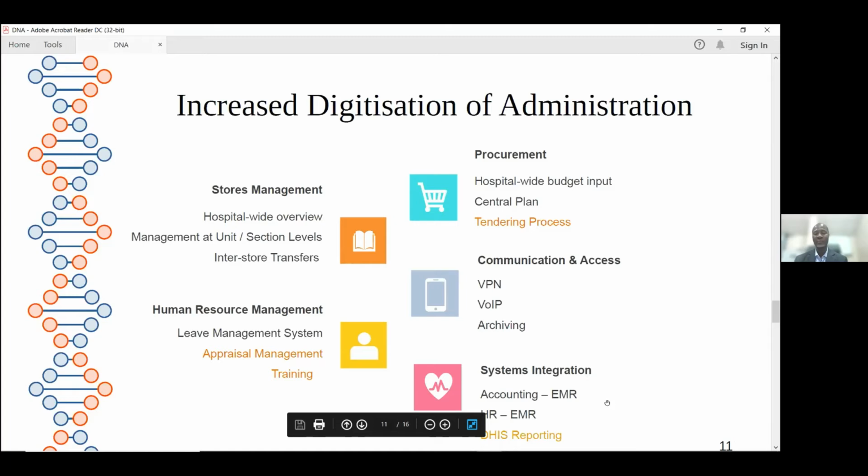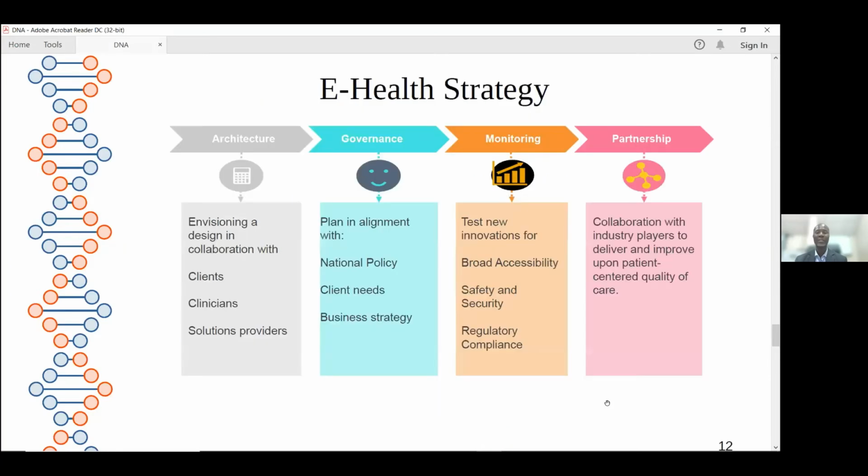And these are some of the plans that we have. We are working with the Ghana Health Service towards this end. And participating in these e-health conferences and programs helps us to better align our systems for future interoperability, and make sure that we comply with the standards and so on.